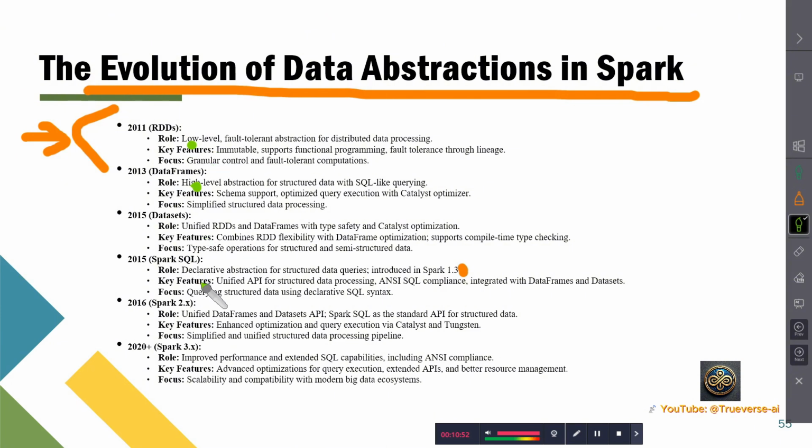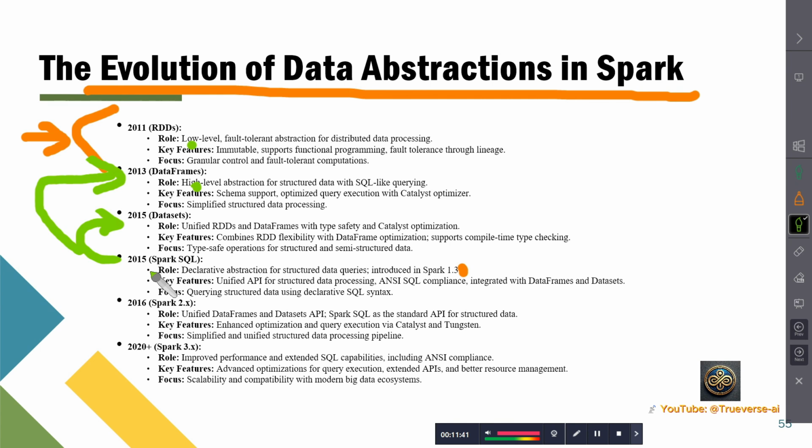Spark SQL is a declarative abstraction for structured data queries, introduced in Spark 1.3. It is good for using SQL syntax. This Spark SQL is integrated with the Spark data set abstraction and Spark data frames.